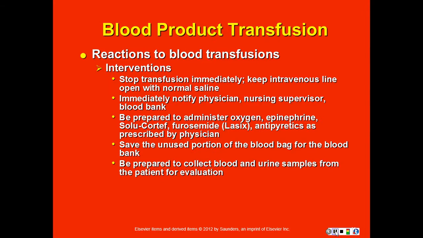What does it do to them? It breaks them down and they spill out into the urine. Well, that's what you're looking for. You don't have blood byproducts in the urine if it's just a minor reaction, if it's fluid overload or if it's febrile. You see that with ABO incompatibility. So be prepared to get those, okay?